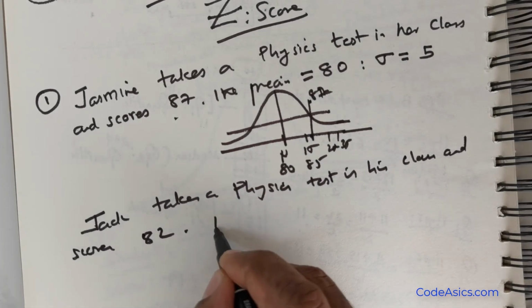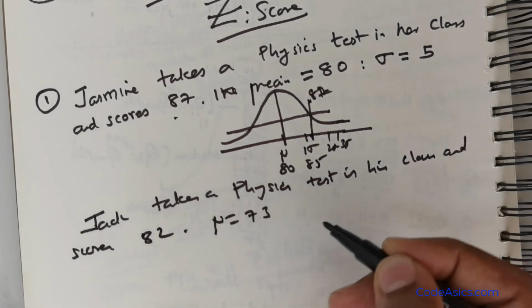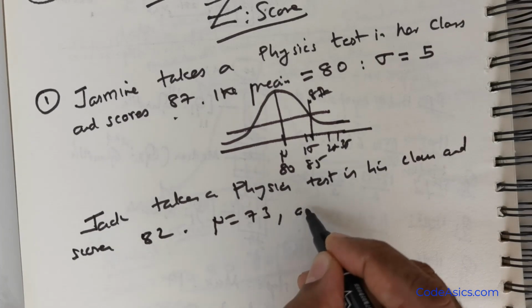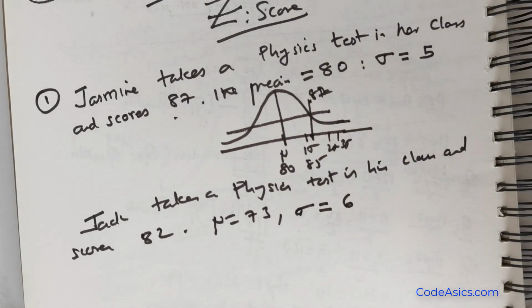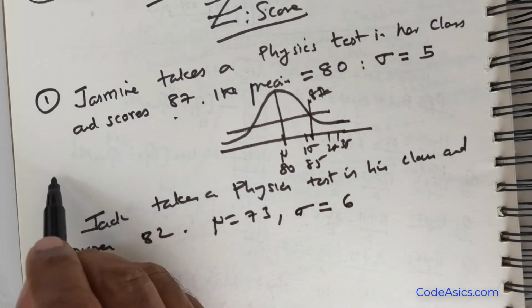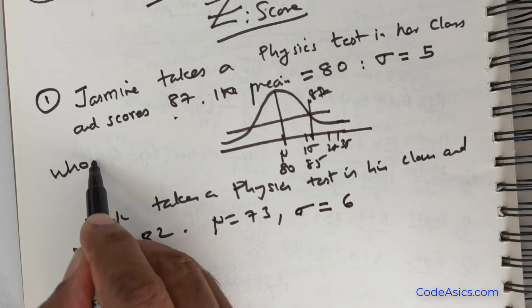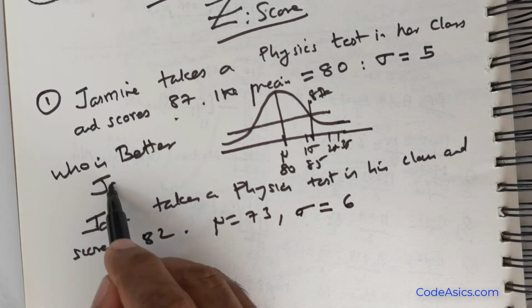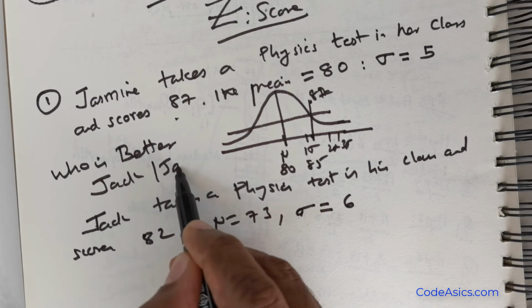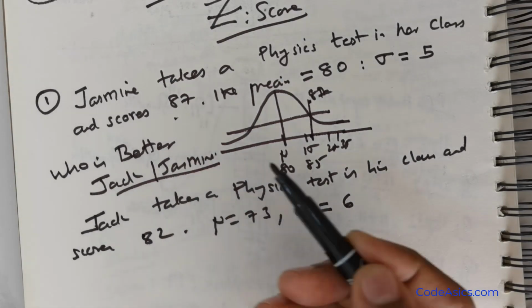The mean is 73 and the standard deviation is 6. Now the question is, who is better, Jack or Jasmine? Now you have to pick the winner.